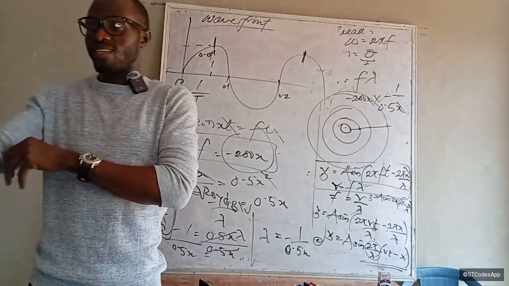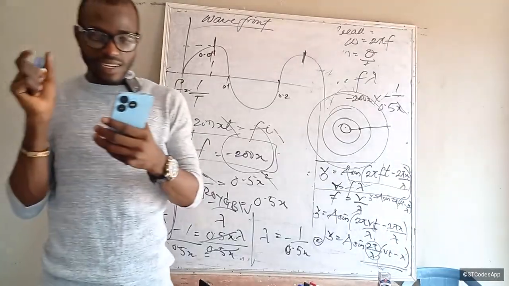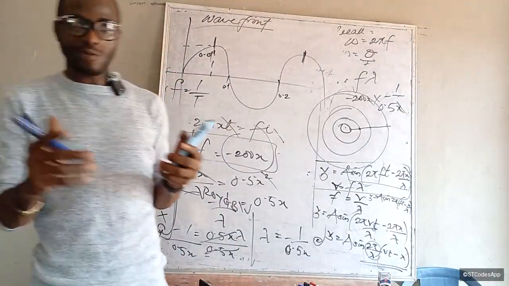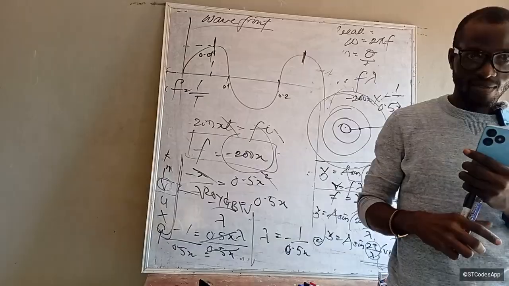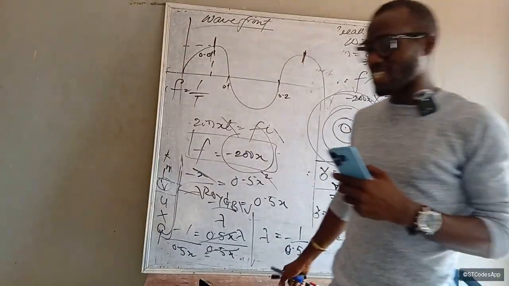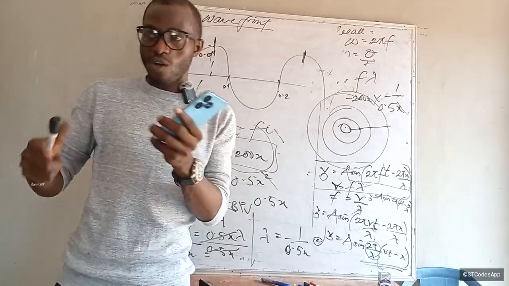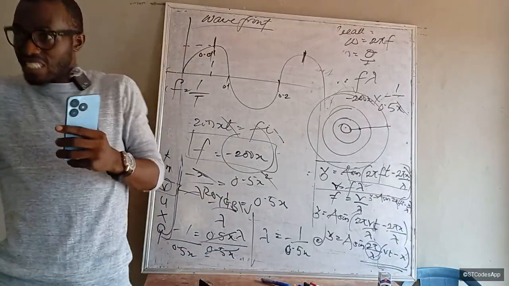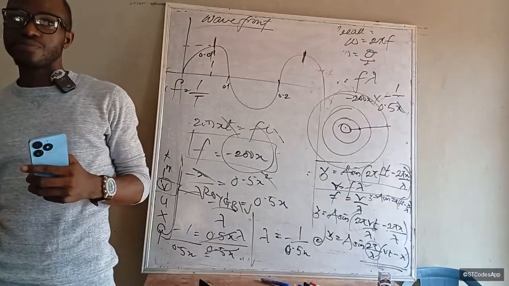Who can tell me? What is the relationship between water wave and light wave? What makes them equal? What relates them? What is similar? What do they have in common?